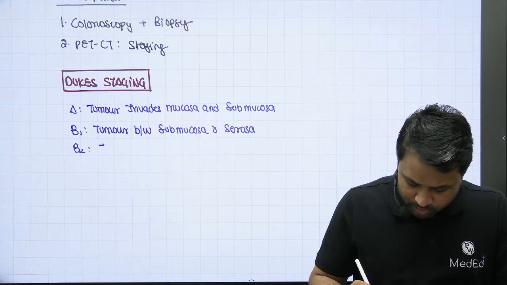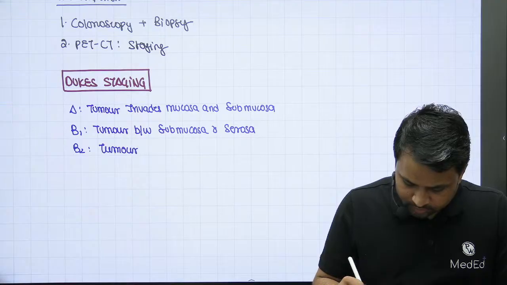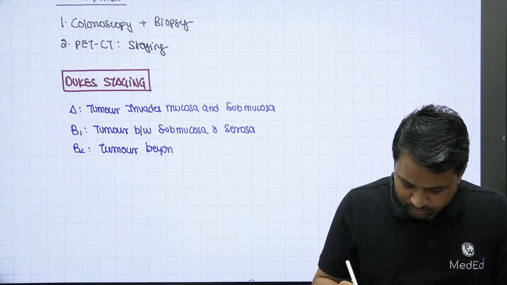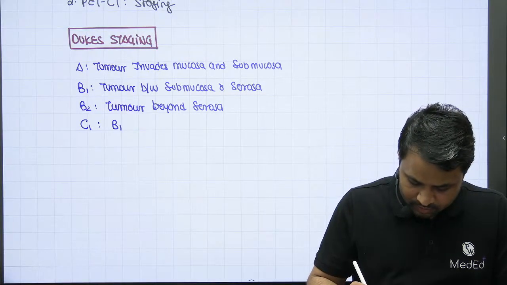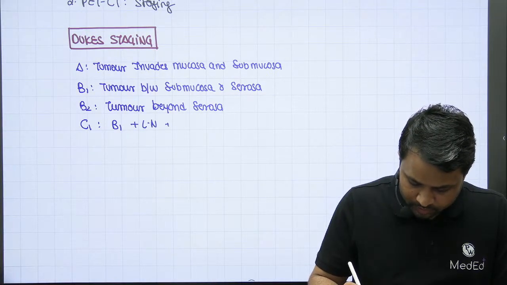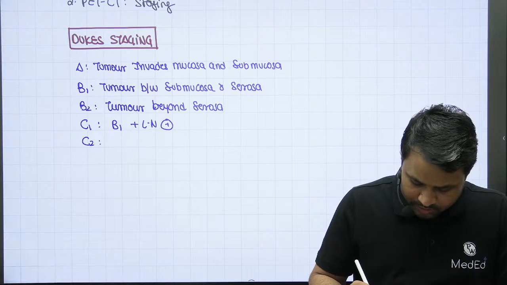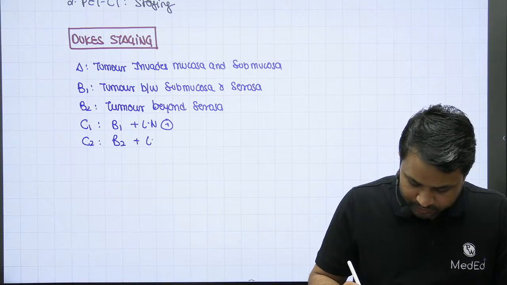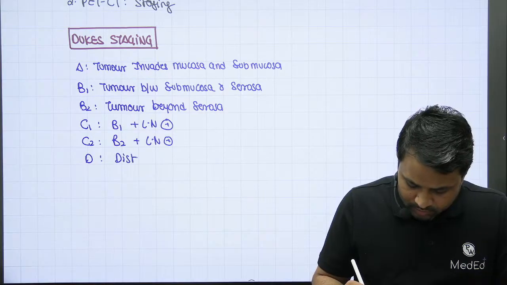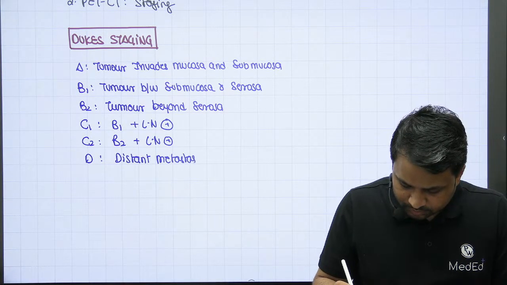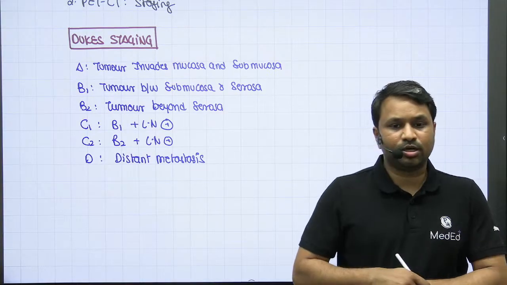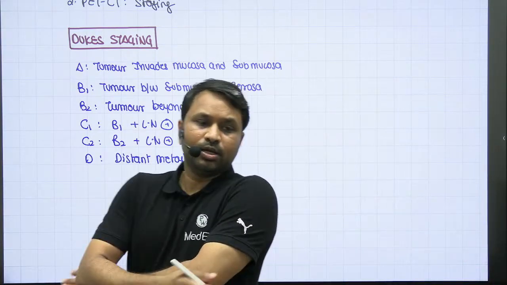B2 is tumor beyond serosa. C1 is B1 with lymph node involvement. C2 is B2 with lymph node involvement. And D is distant metastasis. So this is your Duke staging.